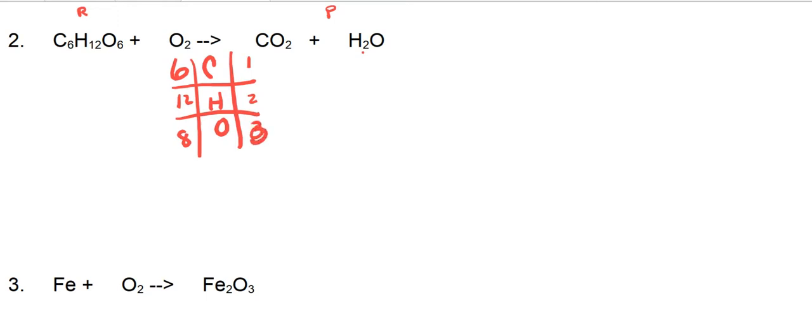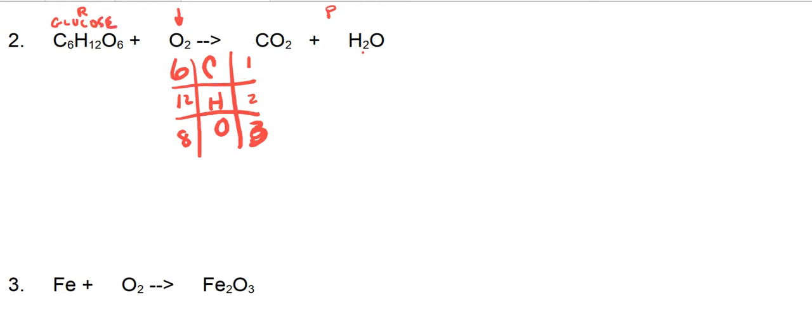3, not O. 3. So the best thing you can do is leave this for last. Leave the simple ones for last. Try to balance the most complex. So we have C6H12O6. Again, that's glucose, which is simple sugar.